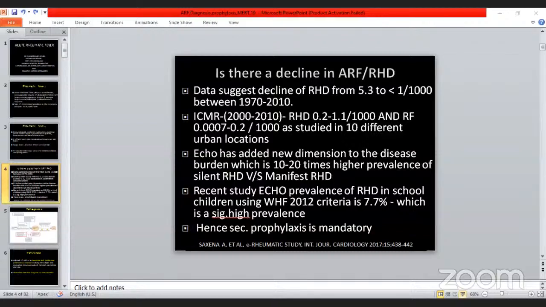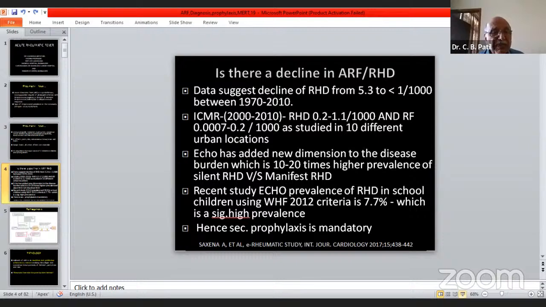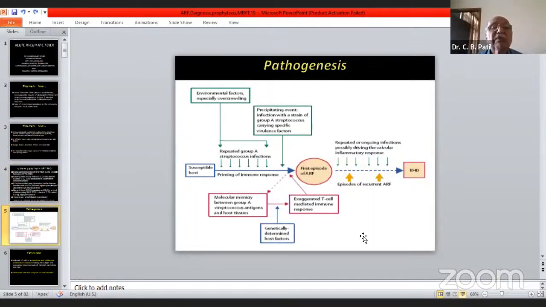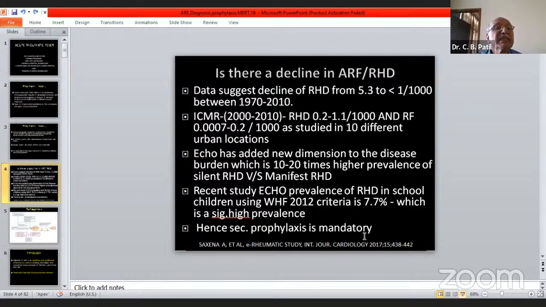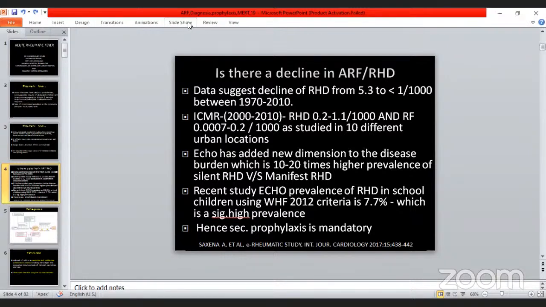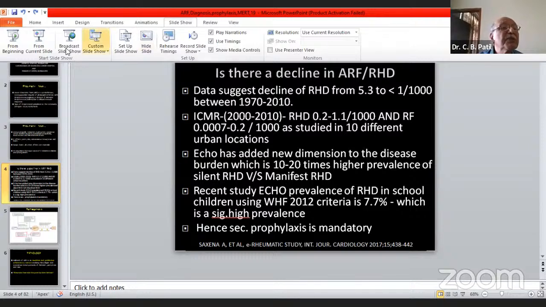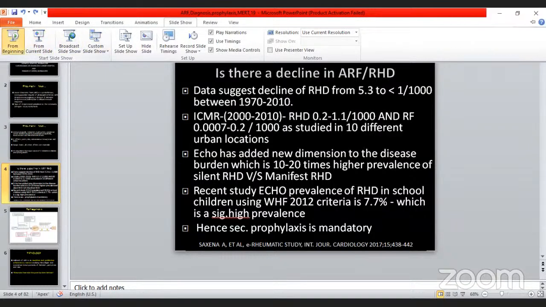Why is it not changing? Click on the third slide from your end. Now the slide has changed. I think I have to go to slideshow, from beginning.